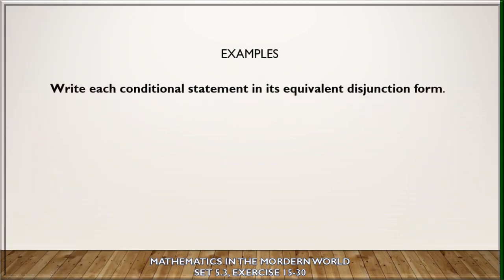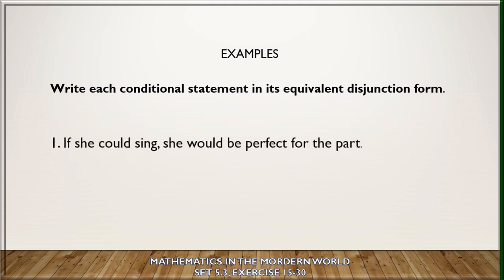So we will go to the examples. And it's also the application. Write each conditional statement in its equivalent disjunction form. Number 1. If she could sing, she would be perfect for the part. So she could sing is P, and she would be perfect for the part is Q. So it is the conditional.